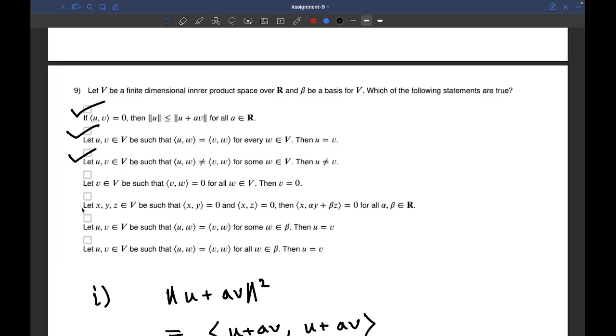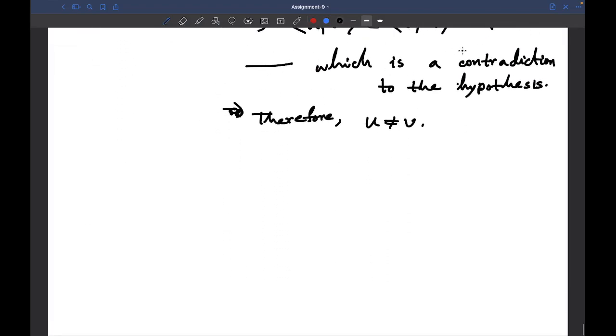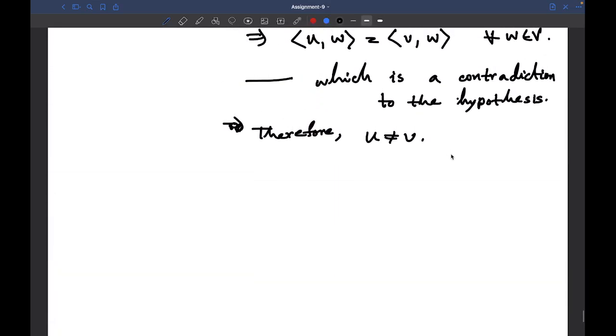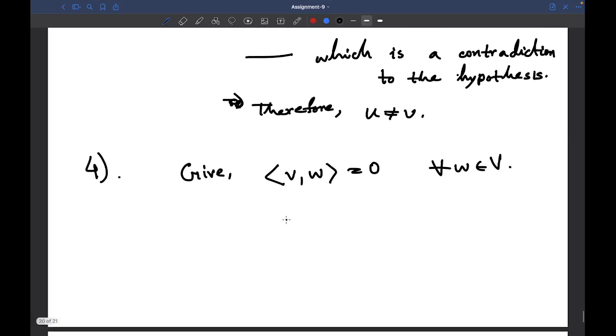Now let's check option number 4. Let V be in the space such that the inner product of V and W is 0 for all W in the space. Then you have to show V is 0. So given the inner product of V and W is 0 for all W, you have to check whether V is 0 or not.